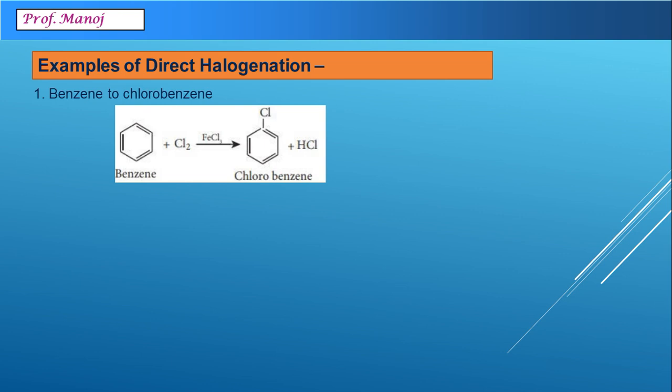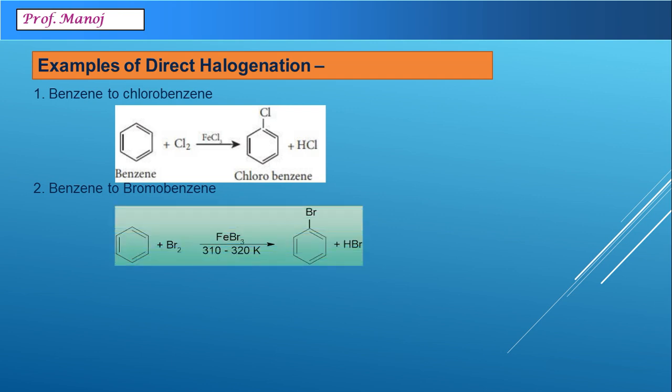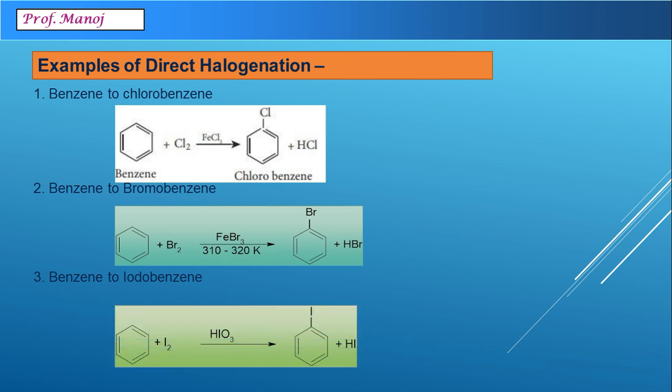Lewis acid catalyst is FeCl3, giving us chlorobenzene. Similarly, if I have to prepare bromobenzene, then we will get benzene plus bromine in presence of FeBr3, giving bromobenzene.